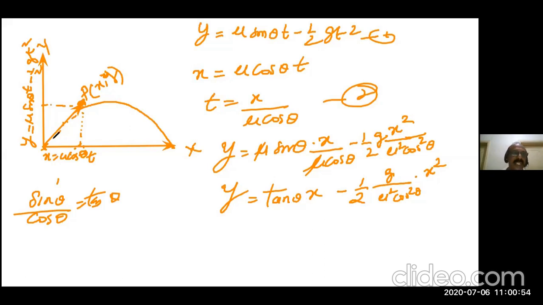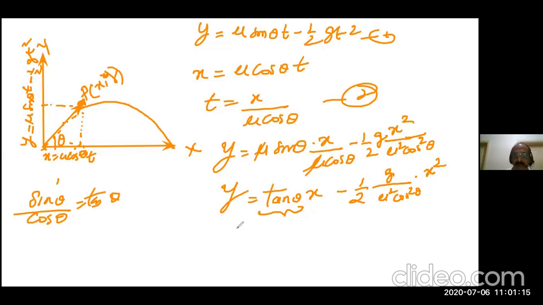Suppose theta is 45 degrees here. Then tan theta is 1, right? Tan 45 is 1. So for a given projectile, this value is constant. Theta is fixed, g is constant, u is constant, theta is constant. Only x and y are changing, isn't it?